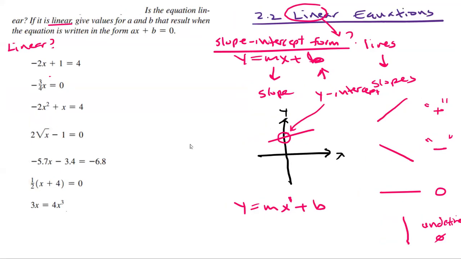Let's look at the first one: 2x plus 1 is equal to 0. Yes or no? It is. Number 1 is linear because the power there is 1, so I'm going to put a check mark. What about the second one there? Is that one linear?